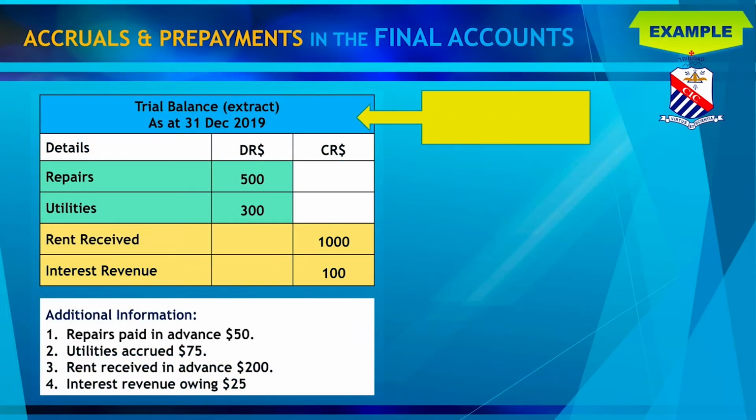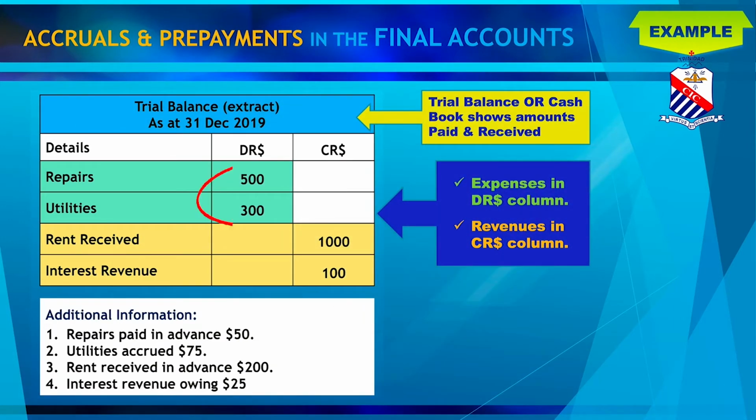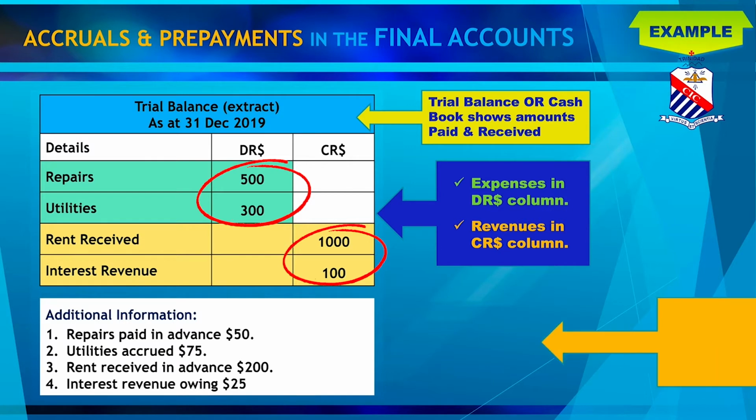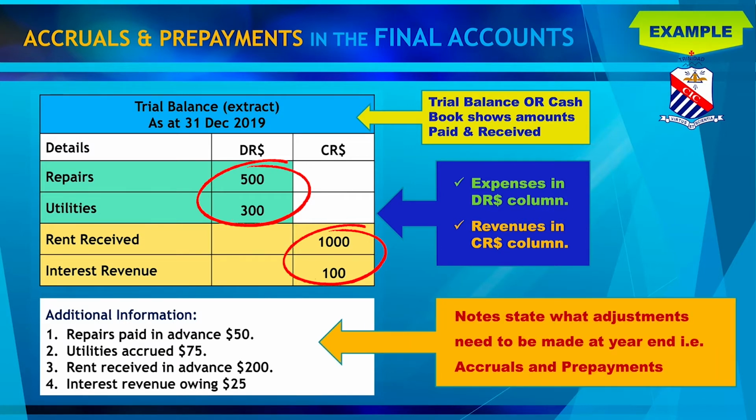So using our example from last week, the trial balance tells us the expenses that are paid and the revenue that are received for that period of time. And then the notes will tell you which accruals and prepayments or adjustments need to be done.